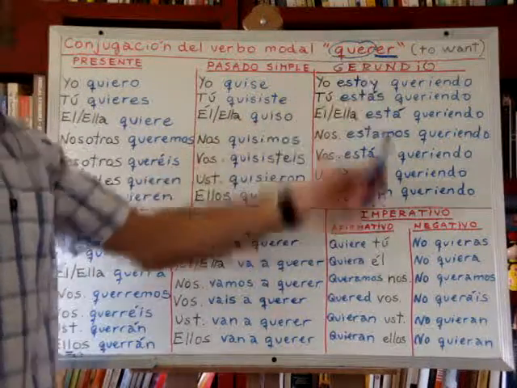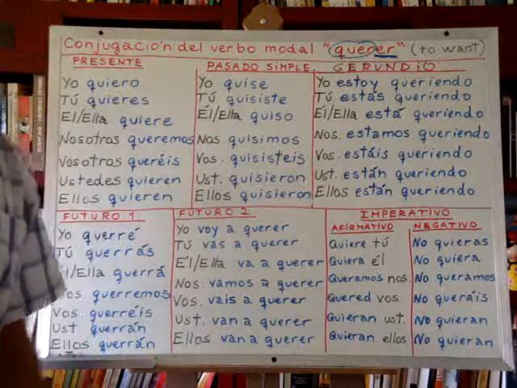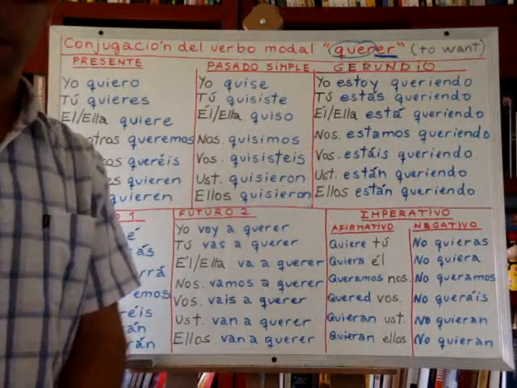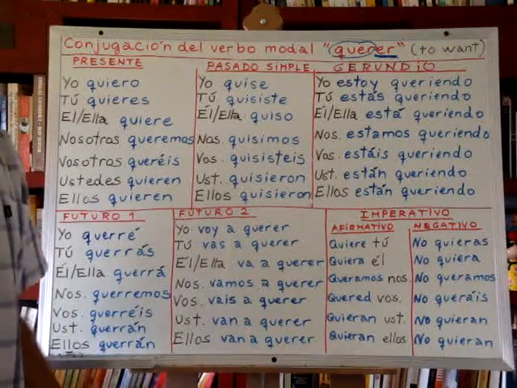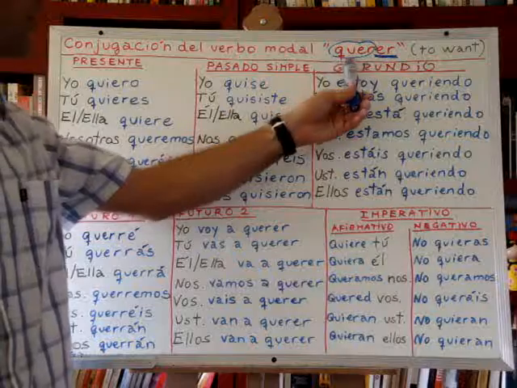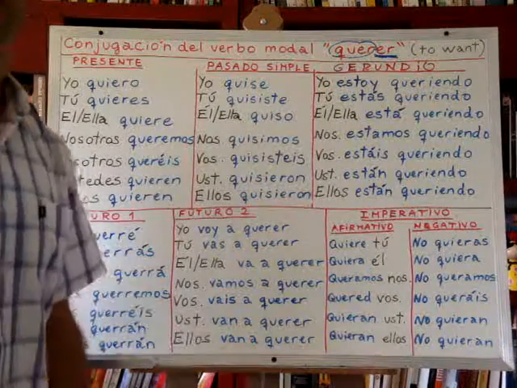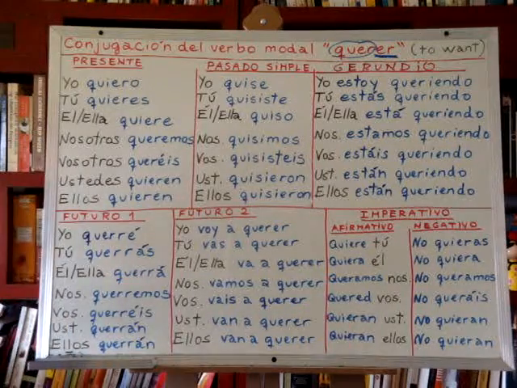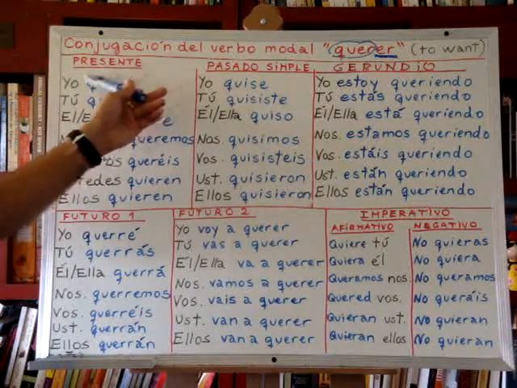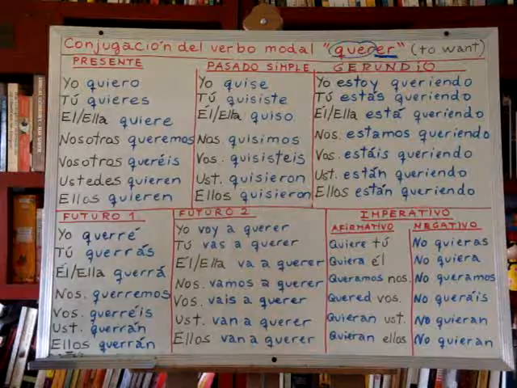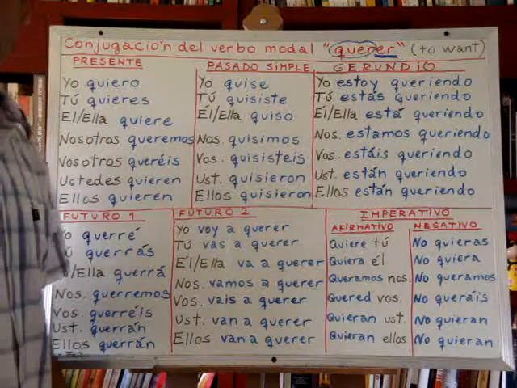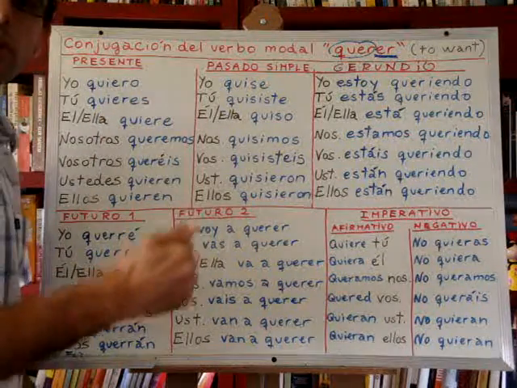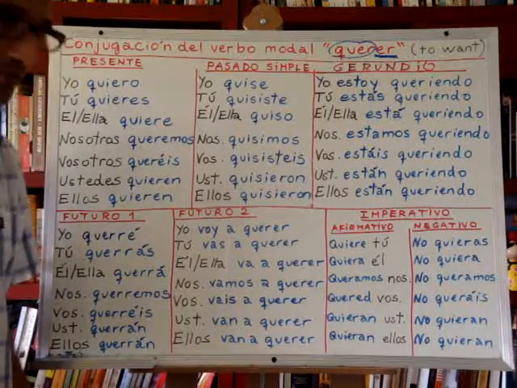This verb actually belongs to the second group of verbs, the verbs that end with er, okay? So, regular verbs, when we conjugate them, the root remains unchanged, right, or untouched. This is an irregular verb, so we will see how the root changes in several situations, okay? That is what determines that the verb is irregular.